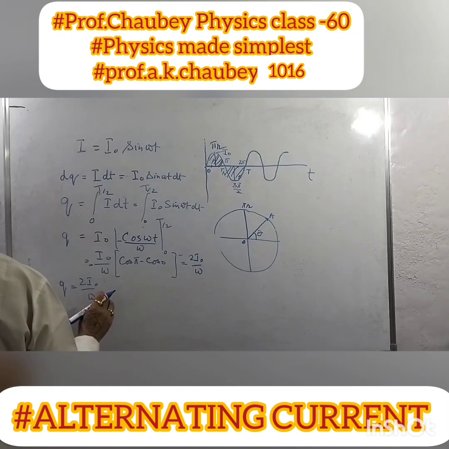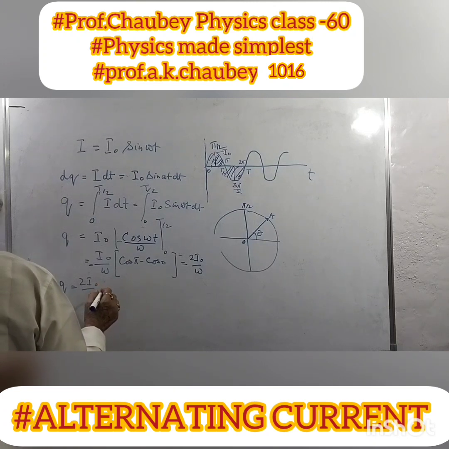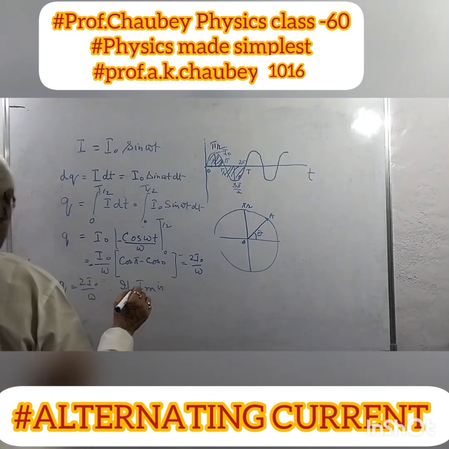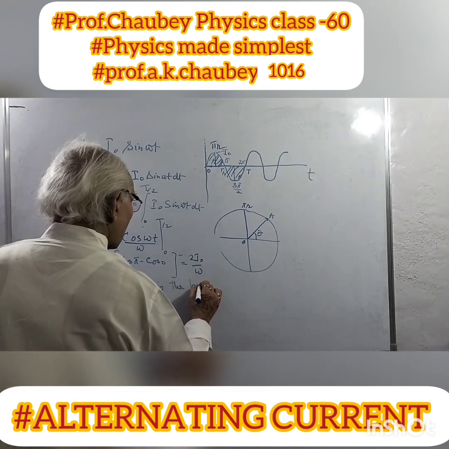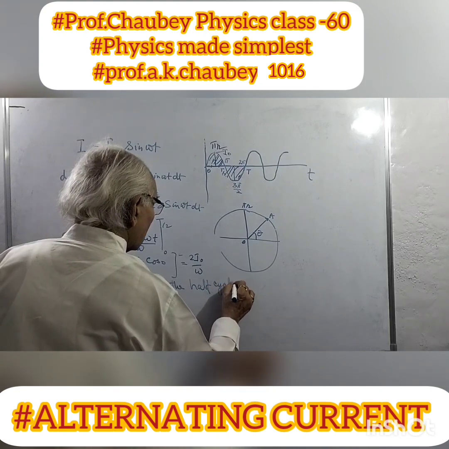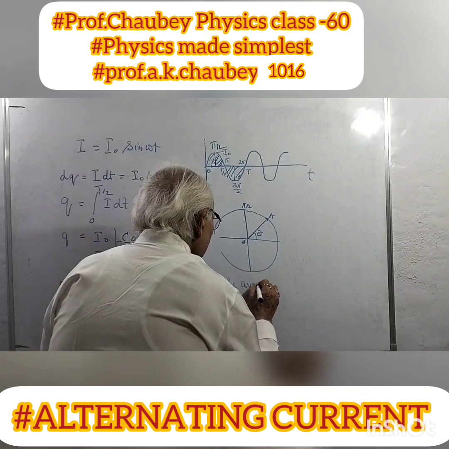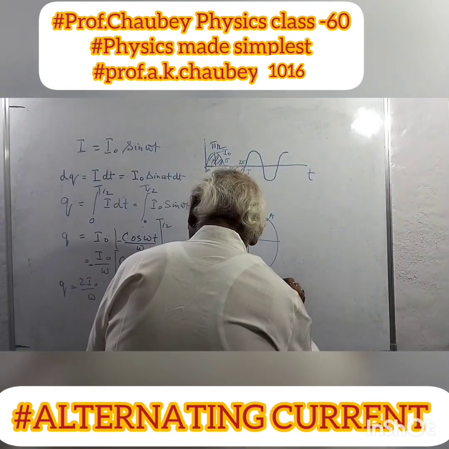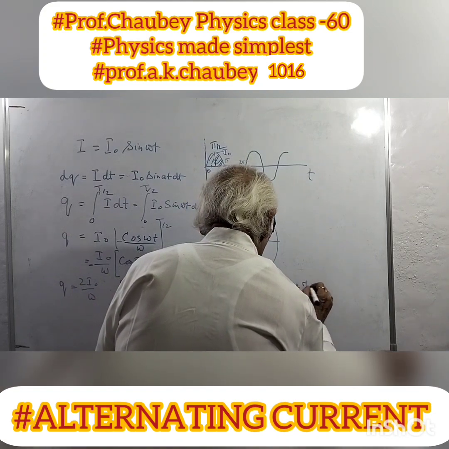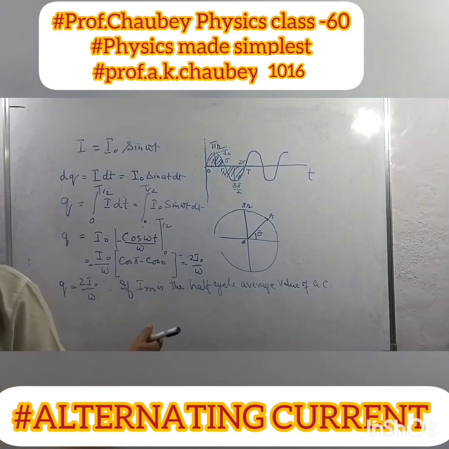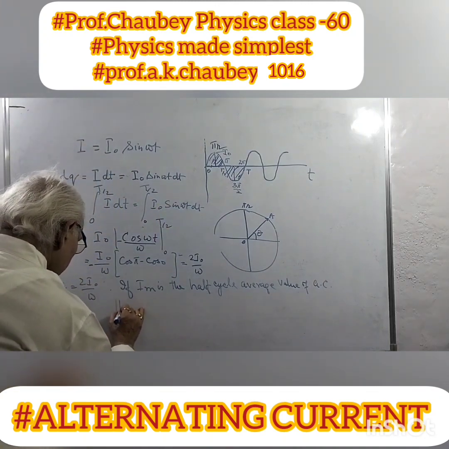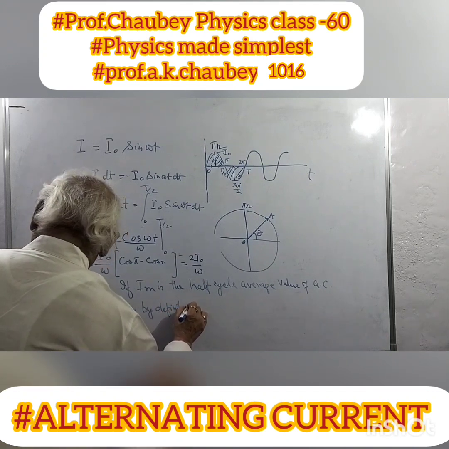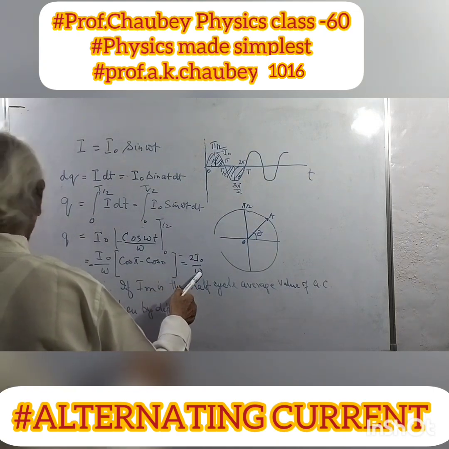Now, if Im is the half cycle average, the mean value of AC over only a half cycle, then by definition Q is equal to 2 I naught over omega.